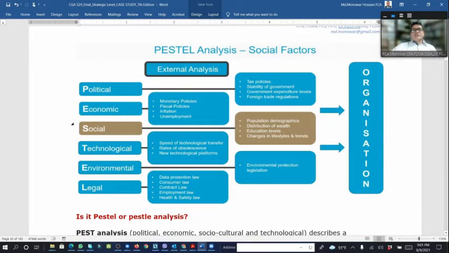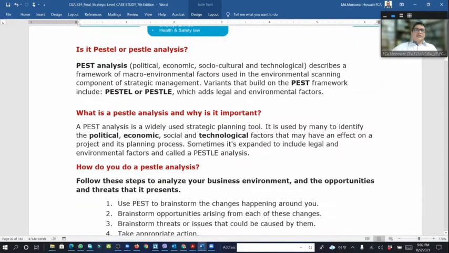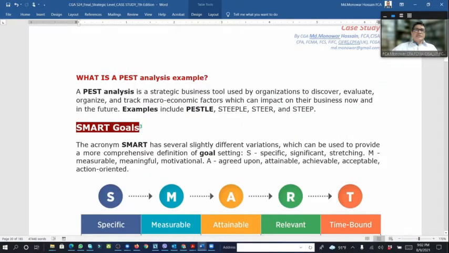Political is also a government factor: tax policy of the country, stability of the government, government expenditure level, foreign trade regulation, and interest, that means the banking system, etc., is also a part of that. Economic factor, social factor, technological factor, environmental factor, legal factor, etc. So here is the PEST item.